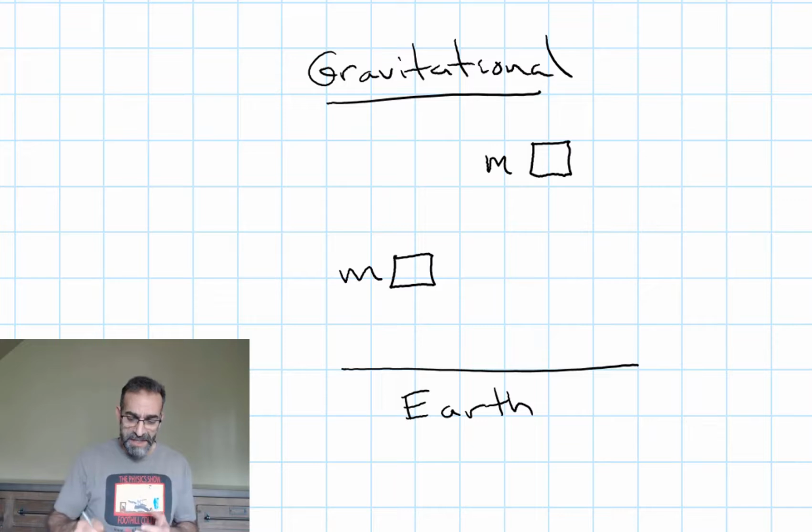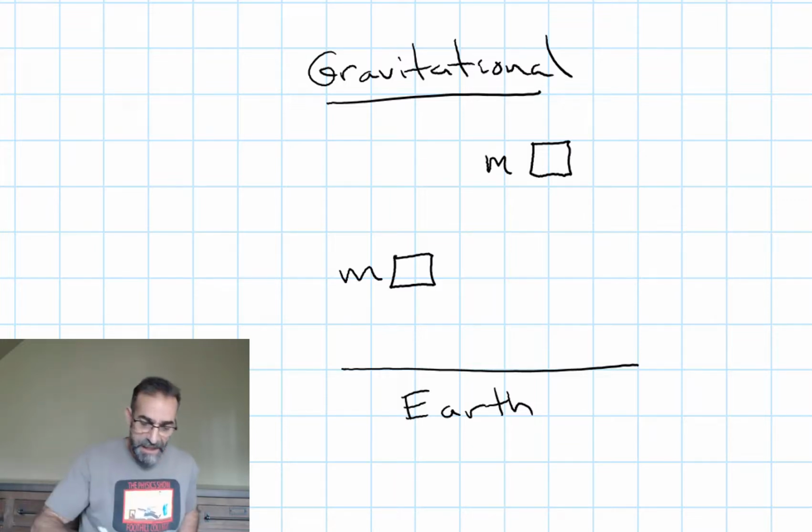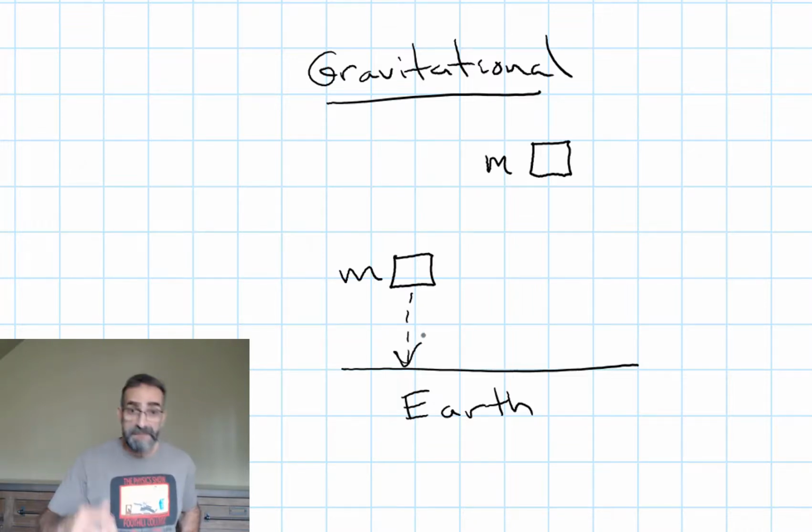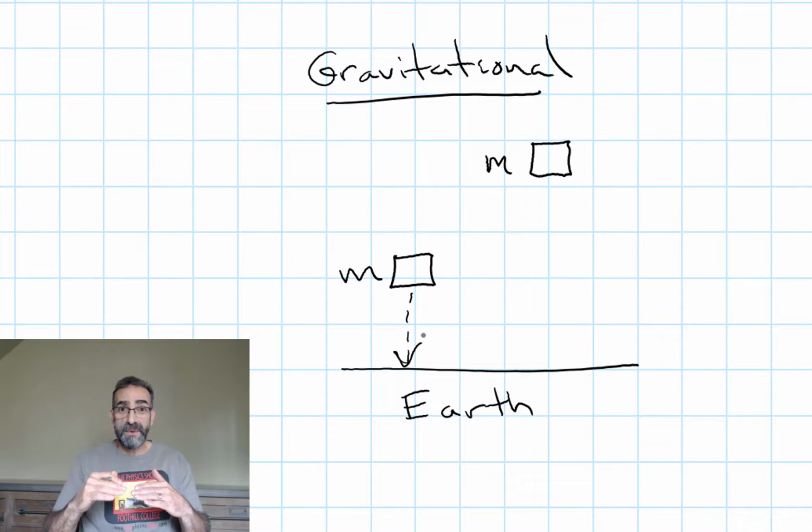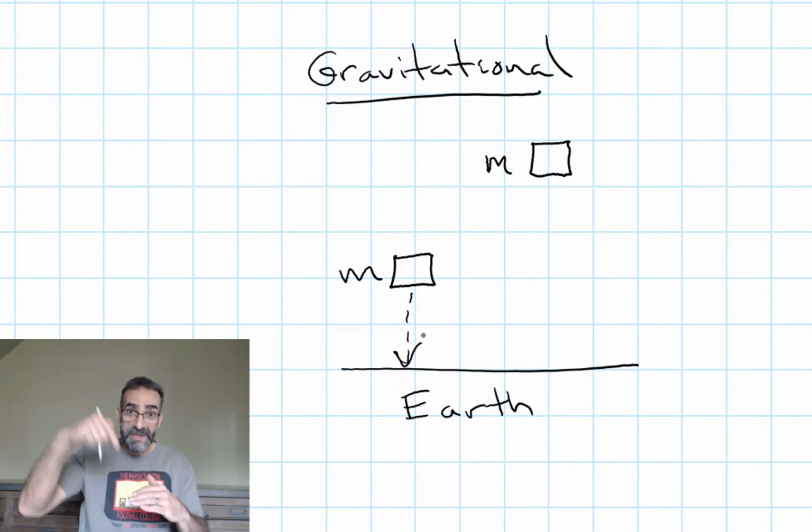Well, let's think about this. If I dropped this object from the lower height, it's going to move in that direction. And the split second before it hits the earth, it's got a certain amount of speed.